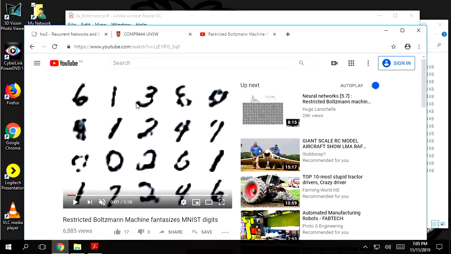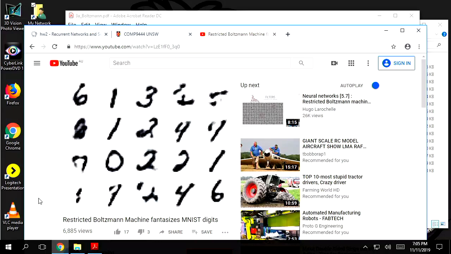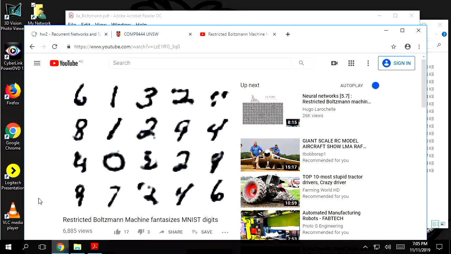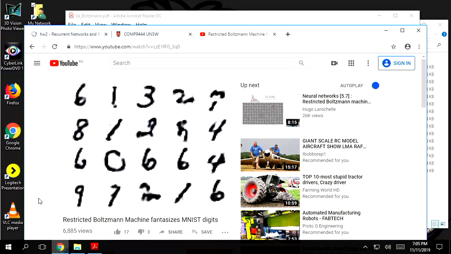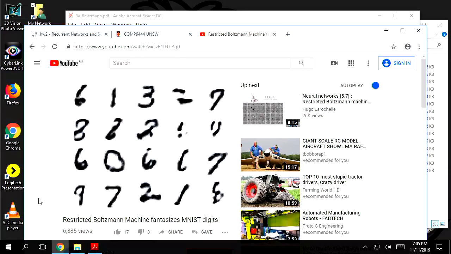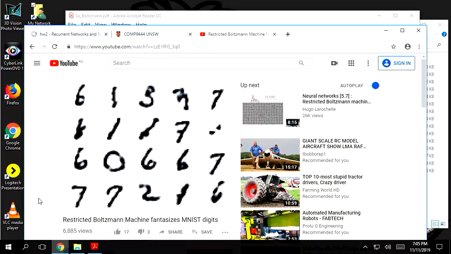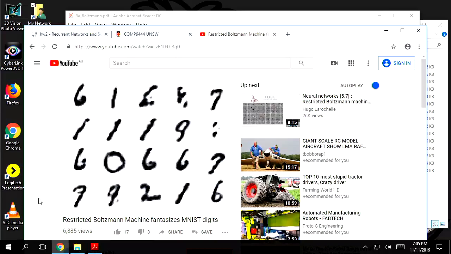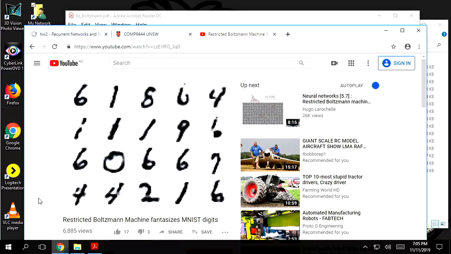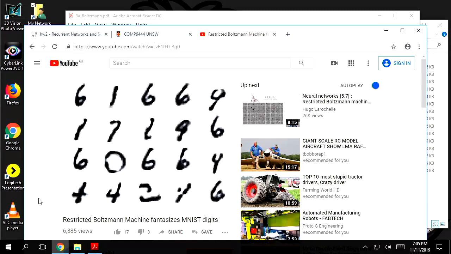But here you see the nature of a digit will change. So if you keep your eye on the digit in the middle of the top row, it starts out looking like a 3 and then gradually morphs and maybe looks a bit like a 5 and then a 6 and then an 8 and then a 6 again.